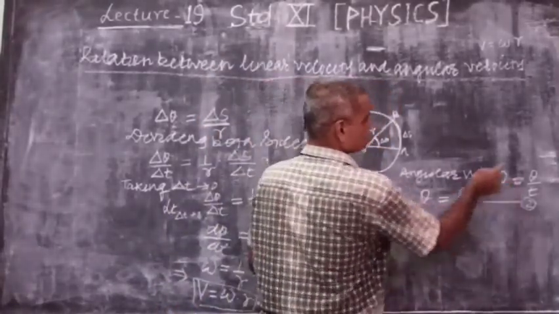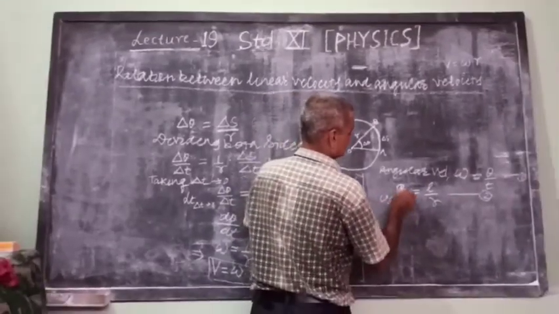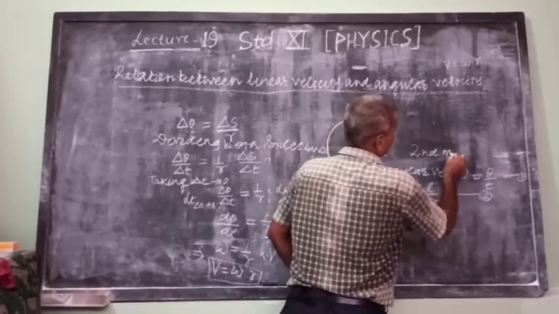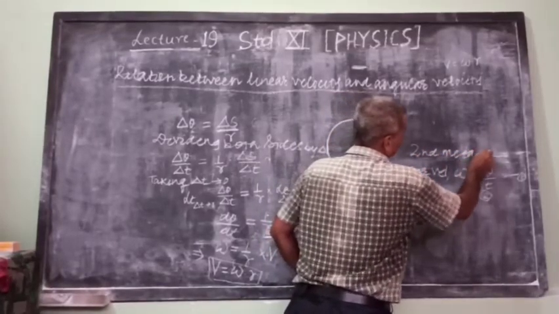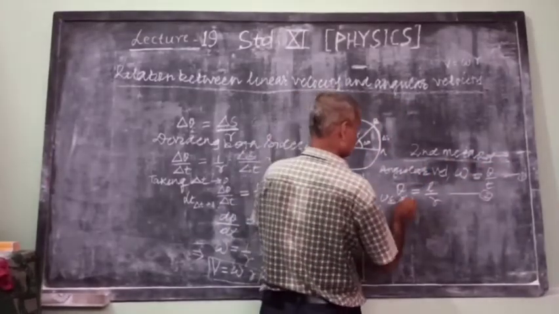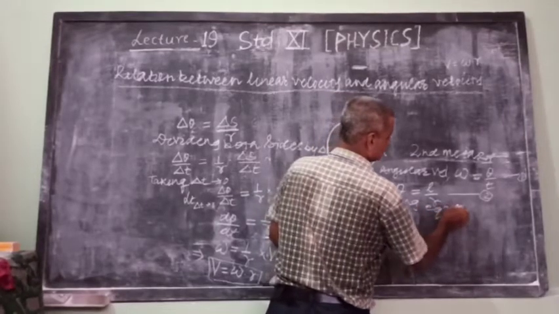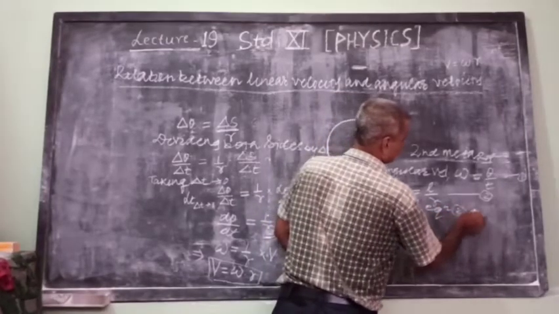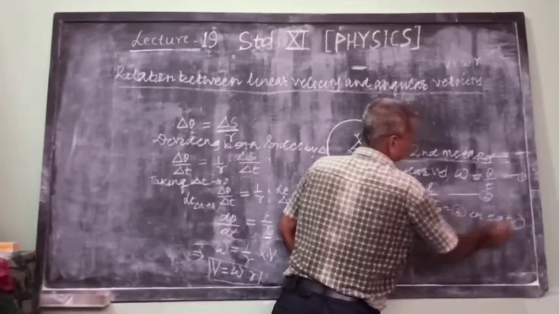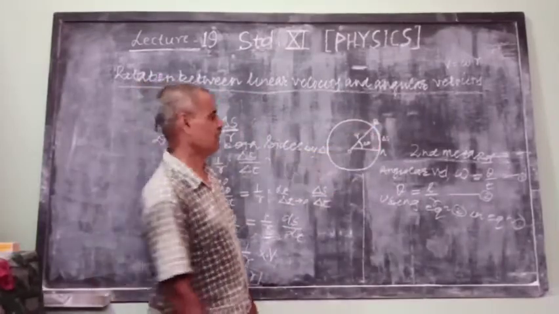Using this equation in 1, you can easily get it. This is the second method. Using equation 2 in equation first, I am going to use this equation in that particular equation.